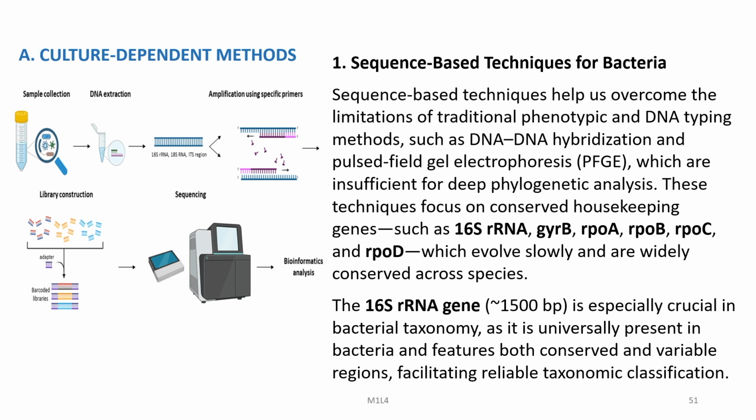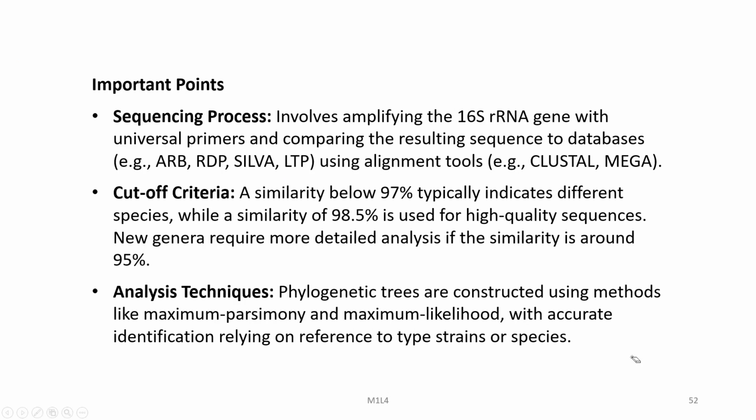These techniques focus on conserved housekeeping genes such as 16S rRNA, gyrB, rpoA, rpoB, rpoC and rpoD, which evolve slowly and are widely conserved across species. The 16S rRNA gene, roughly 1500 base pairs, is especially crucial in bacterial taxonomy, as it is universally present in bacteria and features both conserved and variable regions, facilitating reliable taxonomic classification.